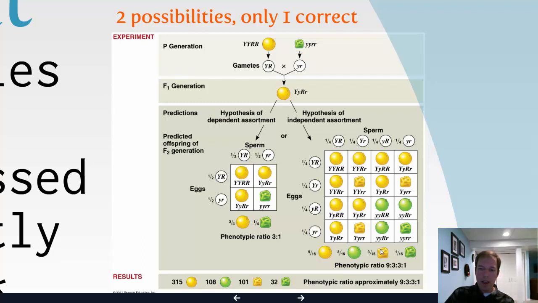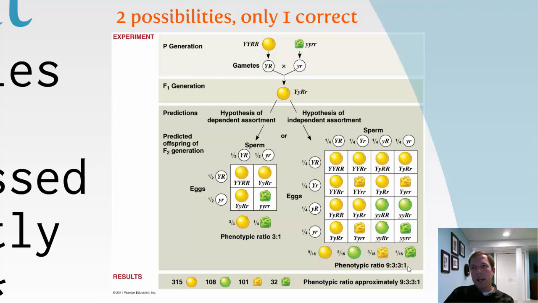So we get 3 out of 16 for each of those. And only 1 out of 16 will be recessive for both traits. So in the phenotypic ratio, the 9 is dominant for both, the 3s are dominant for one and recessive for the other, and the 1 is recessive for both.